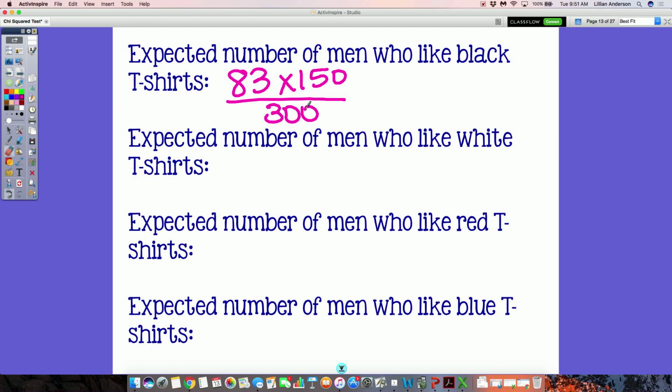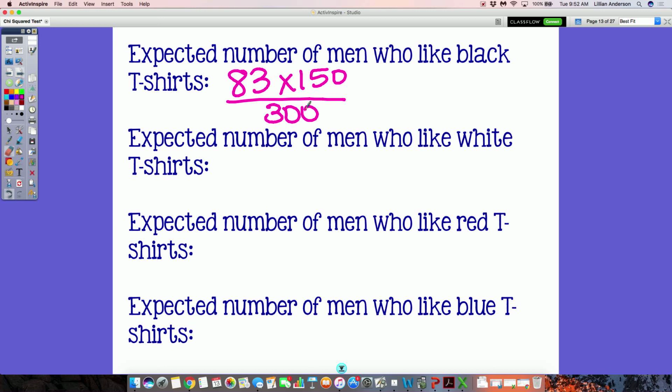To find the expected frequencies, you basically are using the whole independent events concept, which we'll go into more detail once we get to probability. So when it says expected number of men who like black t-shirts, it's meaning the frequency of. You have this many people who like black shirts, you have this many males, you're going to multiply them together and then divide by 300. And that's going to give you the expected number of guys who actually like that particular color.